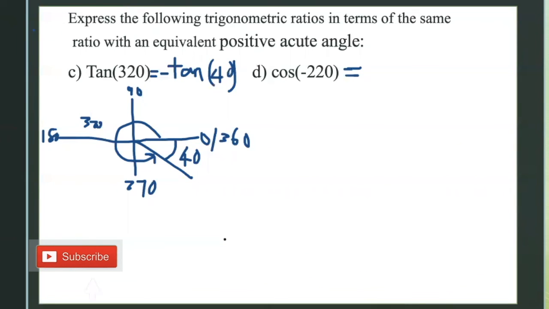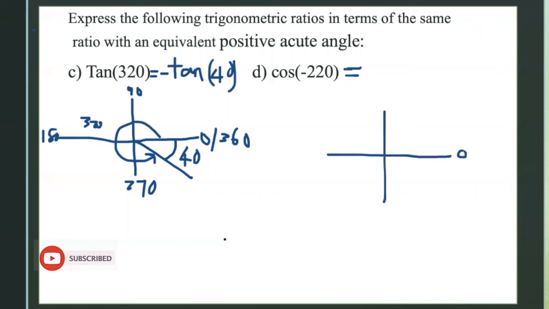Now I have cos minus 220. The minus is telling us that we are going in the clockwise direction. So if I'm going in the clockwise direction, then I have to label my axis as I am moving. So here you're seeing me having it going in the clockwise direction.